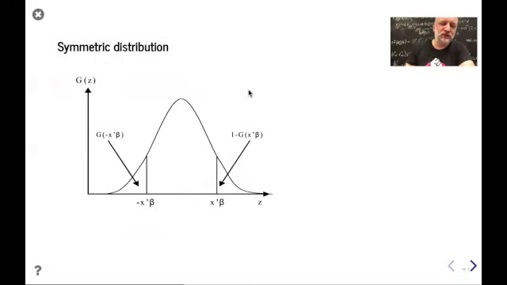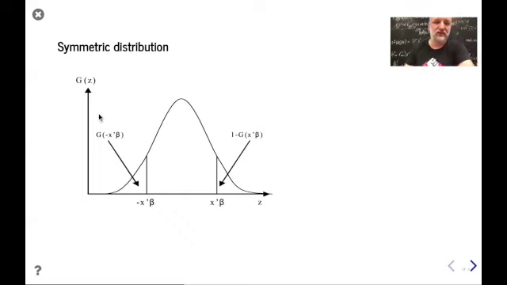Well, this is a picture of a symmetric distribution, and I apologize here for this label. This shouldn't really be the density, so the derivative of this function. Okay, so it's not the cumulative density function, because that would look like this S curve, right? Which is like the area below the curve.